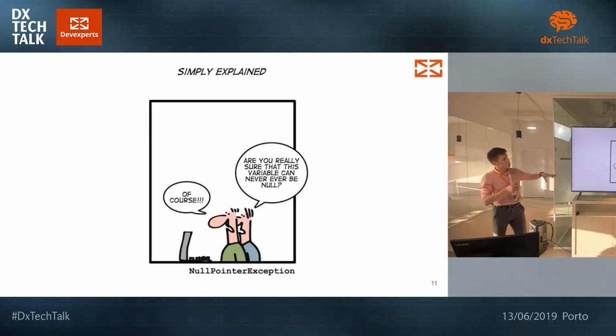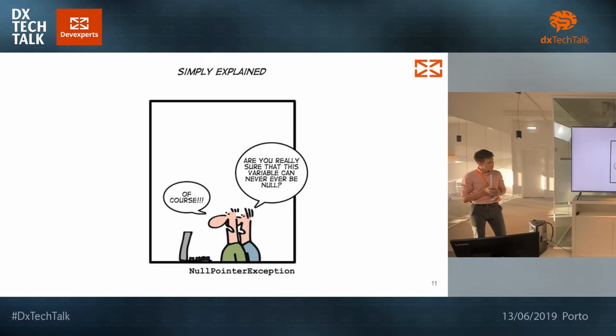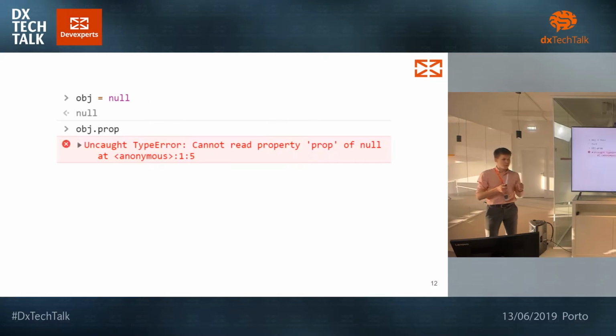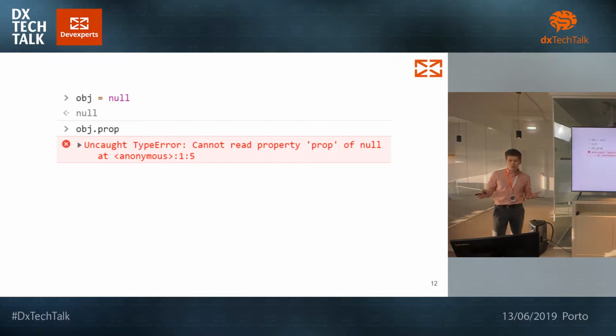Are you really sure that this variable can never ever be null? Of course, yes, I've done this a million times. Of course, I'm sure. Well, in JavaScript, this problem is getting even worse because of 2 reasons. First of all, we don't have static typing in JavaScript at all. And we can put literally anything, anywhere, and the engine will be okay with that.